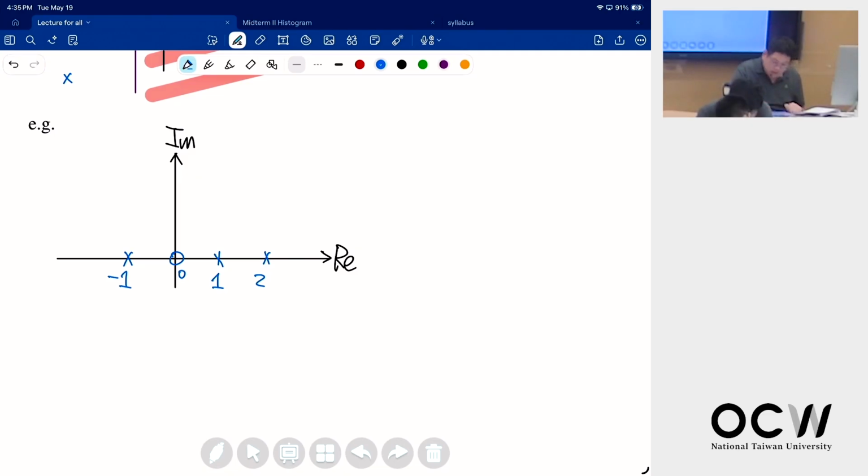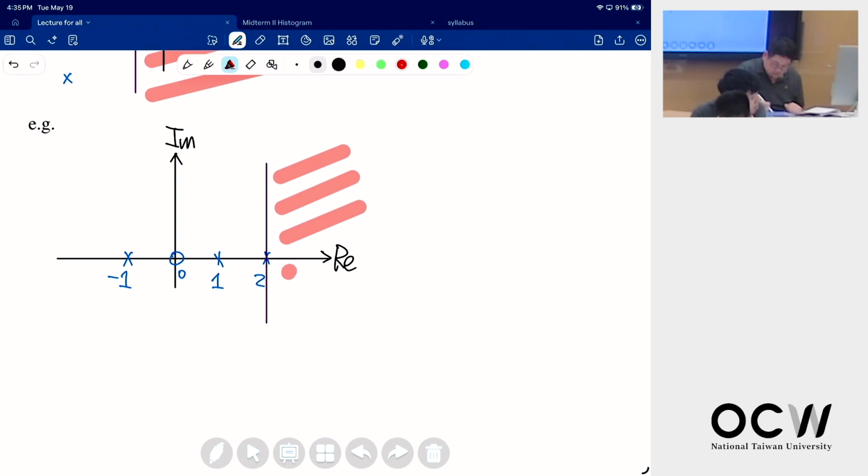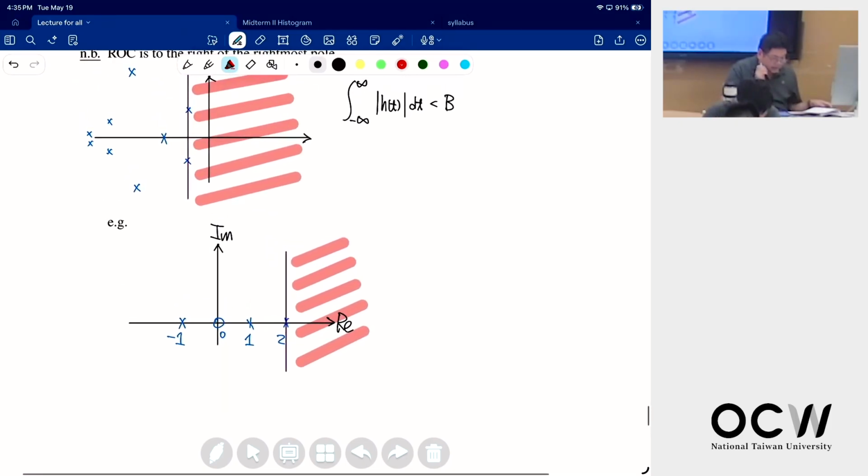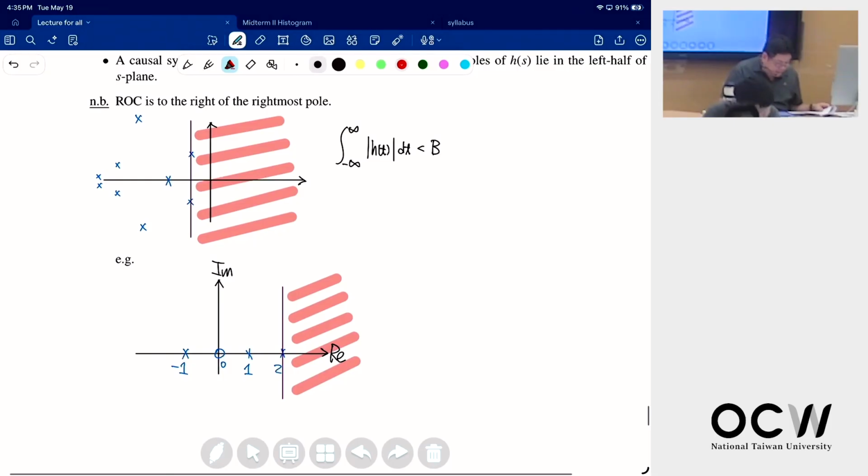So if my region of convergence is here, right, the system is causal, stable, or non-causal, non-stable.